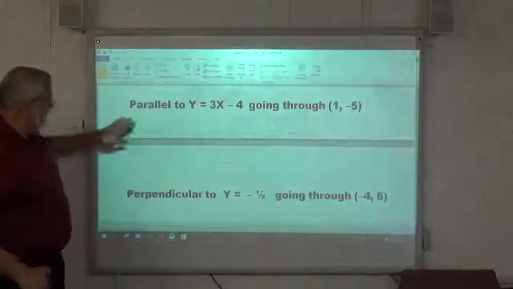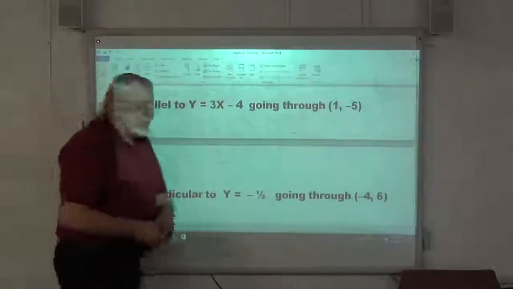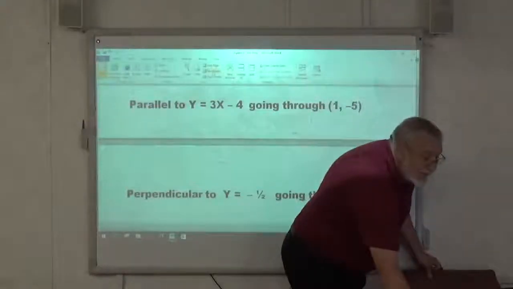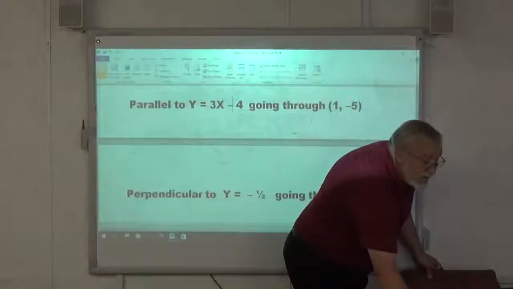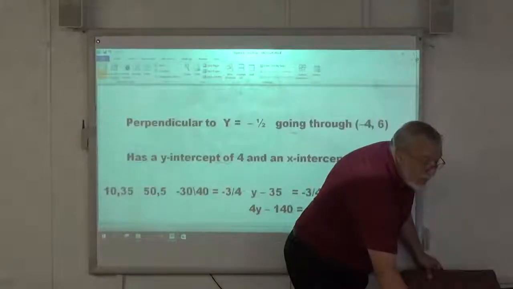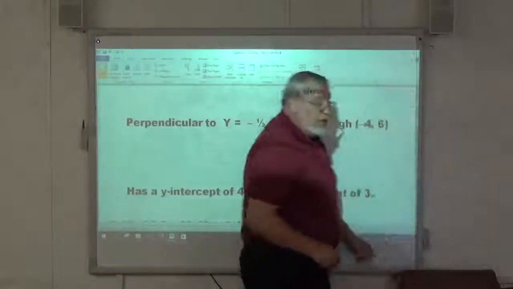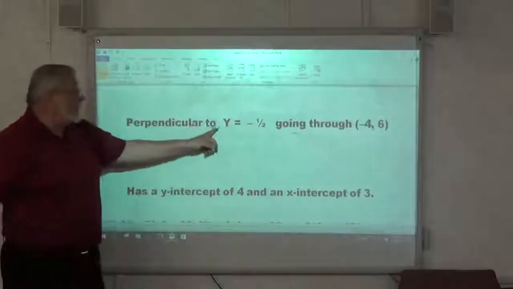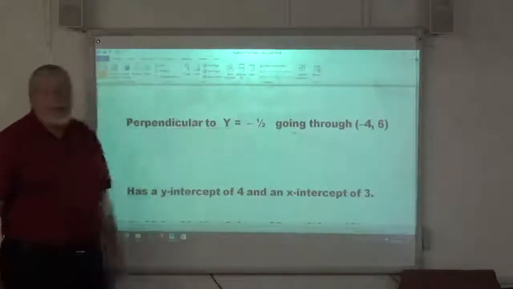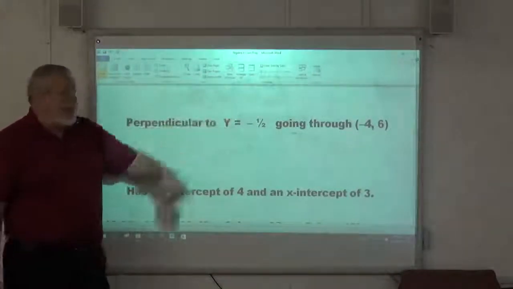Now, all right, let me bring this one up so we can see this. There we go. Perpendicular to y equals negative 1/2, going through that point.